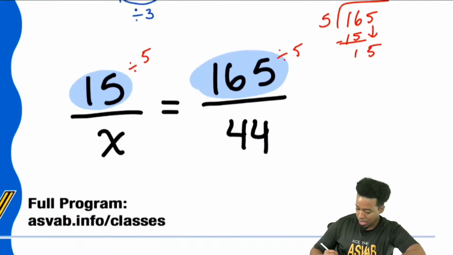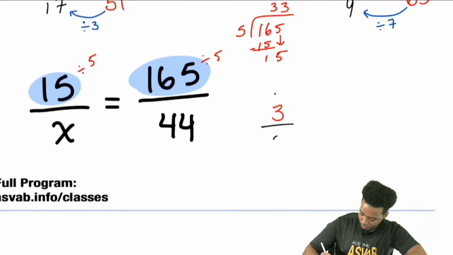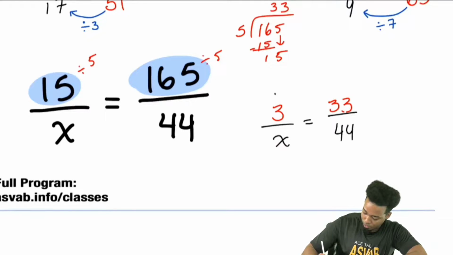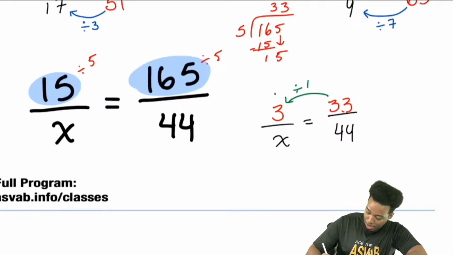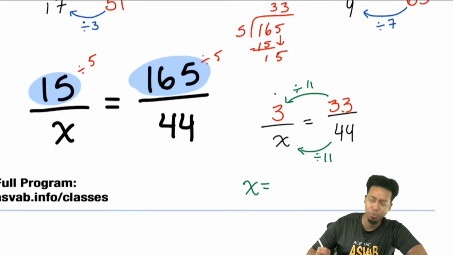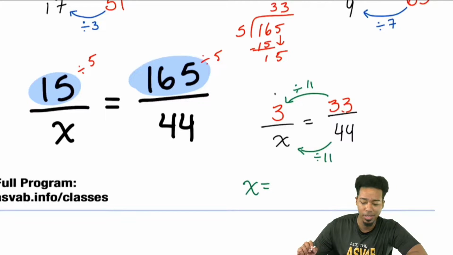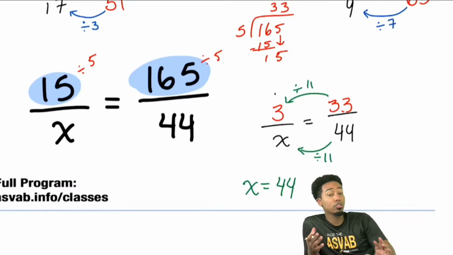And you notice that you give yourself a chance here as 15 divided by 5 is 3 over x equals 165 divided by 5 is 33 over 44. Oh, now we might see that we are dividing by 11. If we divide by 11, we give ourselves that chance, and we have x equals 44 divided by 11, and that's 4.